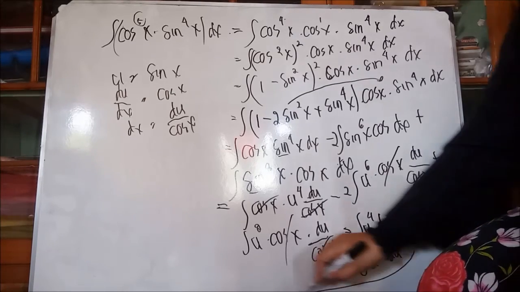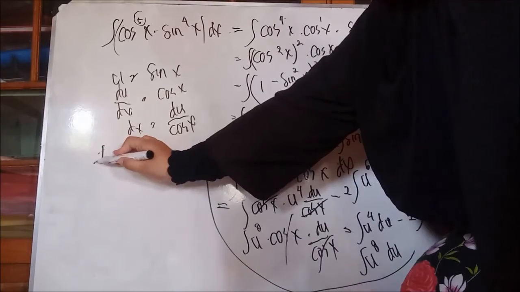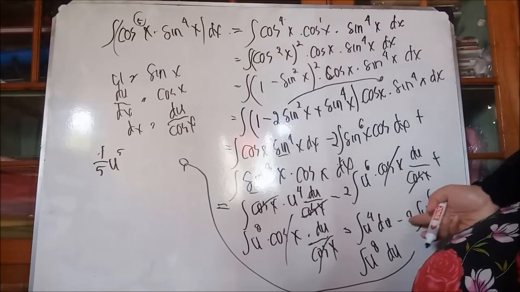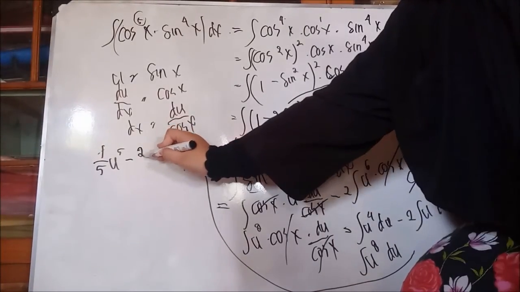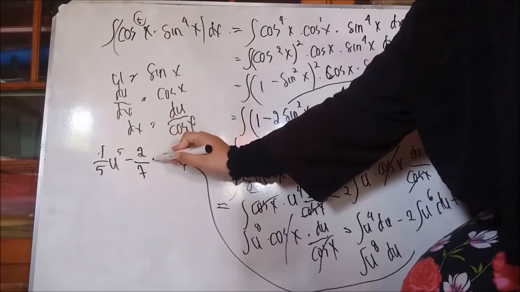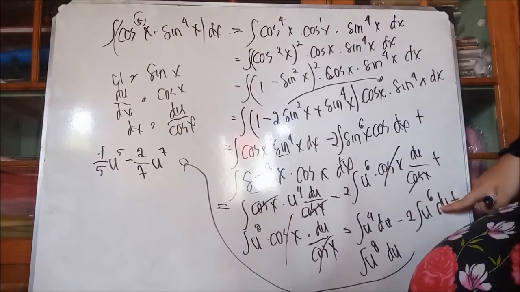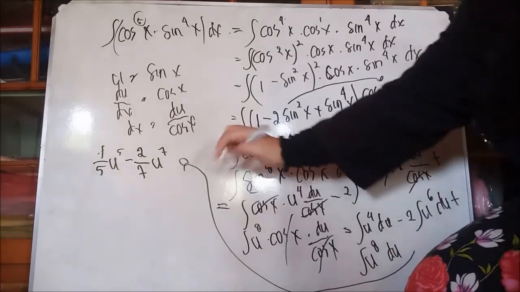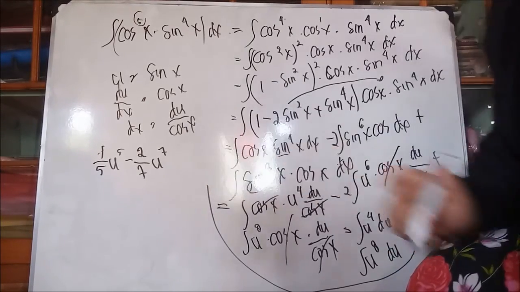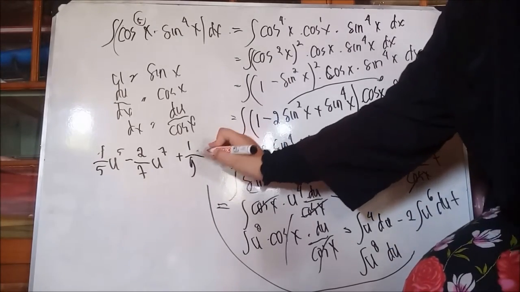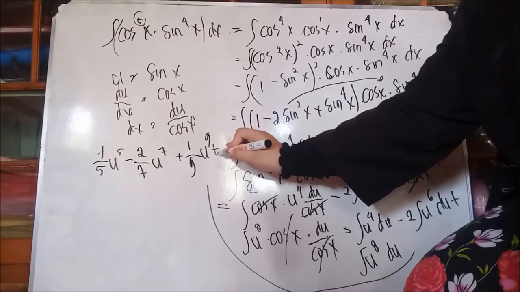From here we can continue: 1 over 5 u to the power of 5, and then minus 2, it is 6, so it means that we have 1 over 7 u to the power of 7, and then we can see u to the power of 8 is equal to 1 over 9 u to the power of 9 plus c.